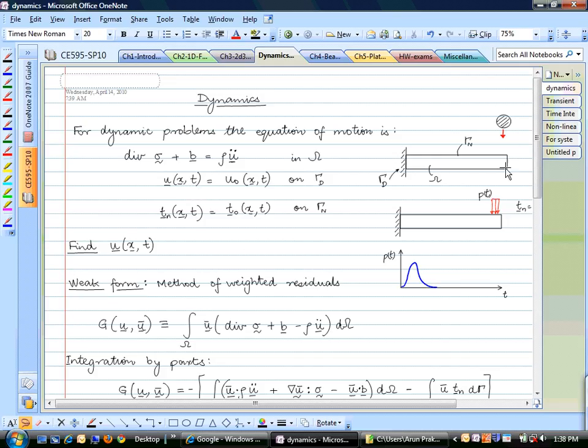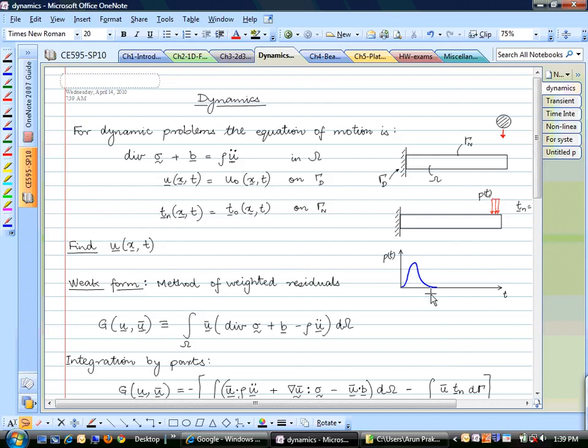For this problem, one way to simulate this is to forget about the ball itself, and just try to approximate what is the load that it applies to this beam. There are obviously many different ways of doing this, but one crude approximation is that this force P that it applies on this beam can be represented with this sort of a function. You can imagine if the object is a little bit flexible when it hits the beam, the object will compress a little bit and then bounce back.